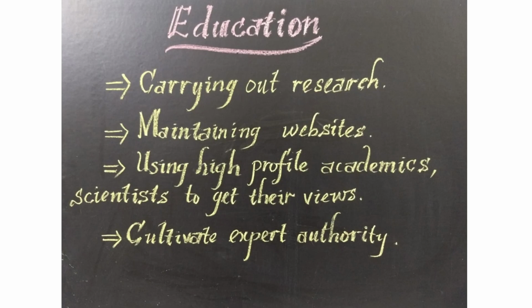They use all these to cultivate expert authority among the people, especially on Twitter, Instagram, Facebook, all the media. They use them to motivate the people about the present educational policies, how to improve them, and what steps are needed for improving them. Everything is made by the pressure groups.